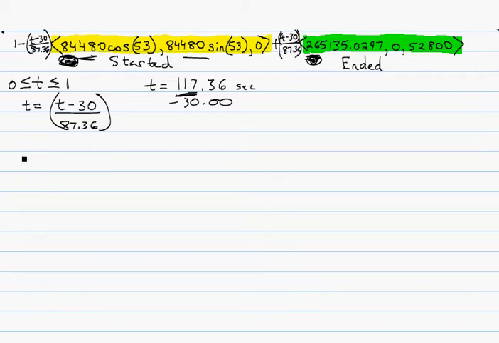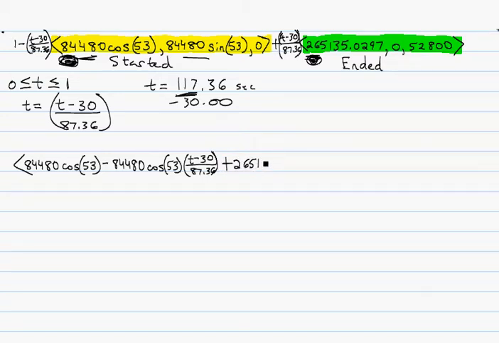You'd have this new vector function that looks something like this: 84,480 cosine 53 minus 84,480 cosine 53 times t minus 30 over 87.36, plus 265,135.0297 times t minus 30 over 87.36.